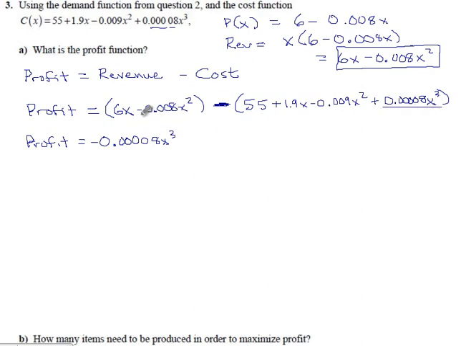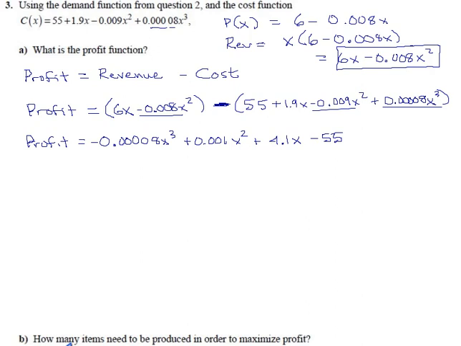We have minus 8 thousandths x squared plus 9 thousandths x squared makes positive 1 thousandth x squared. For x's, we have 6x minus 1.9x. That should be 4.1x. And then we have minus 55. So this is our profit function.